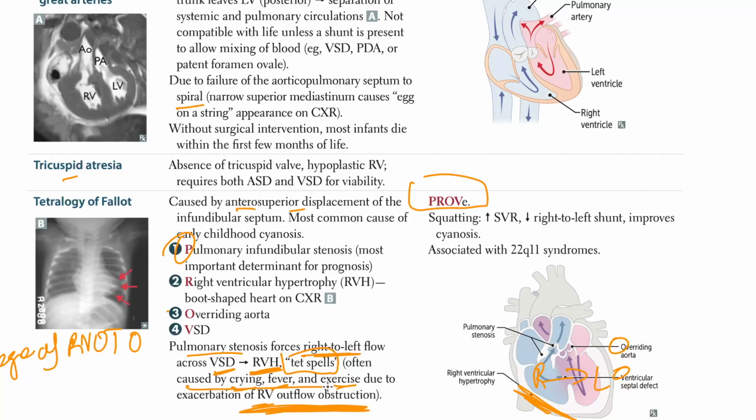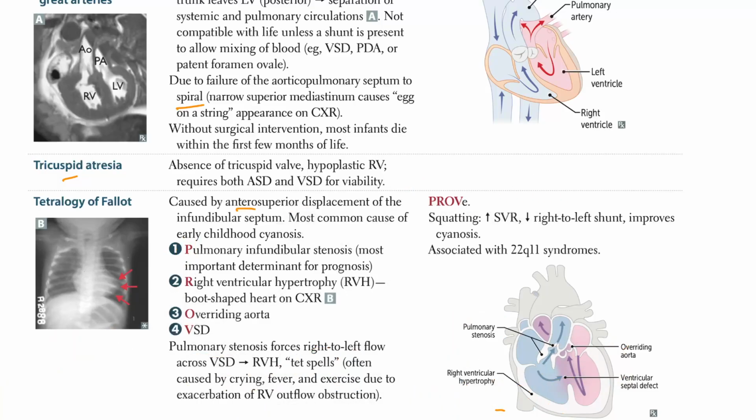All of these things, crying, fever, exercise, will lead to exacerbation of right ventricular outflow tract obstruction, which is pulmonary stenosis, and that will give you TET spells. And one of the things that is not mentioned here is how you treat the TET spells. To treat the TET spells, the very high yield point is, they will say the child gets into the squatting position.